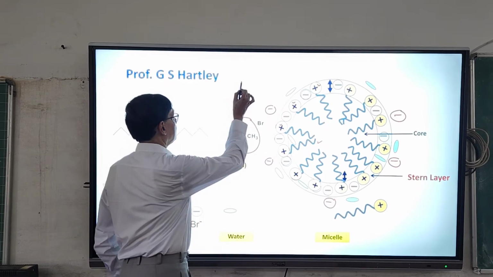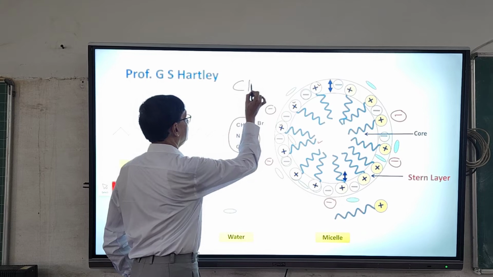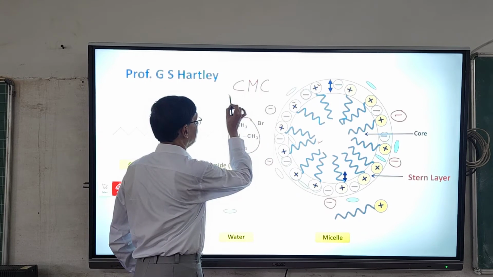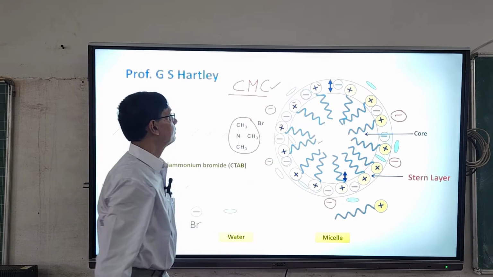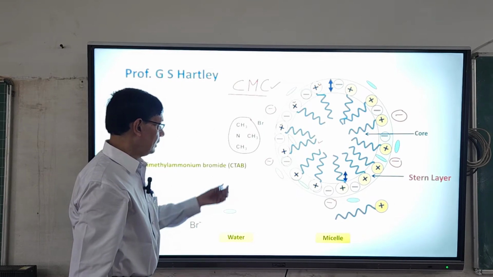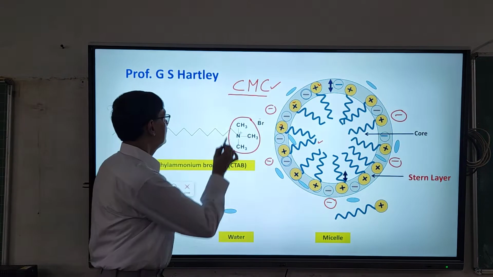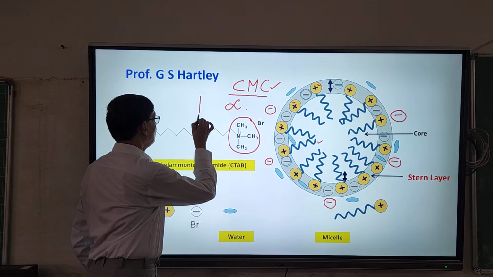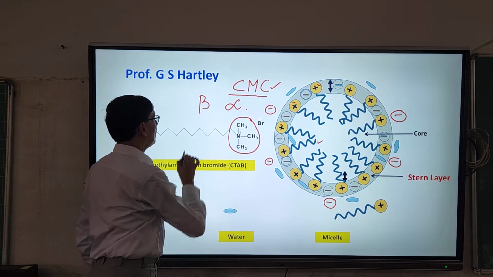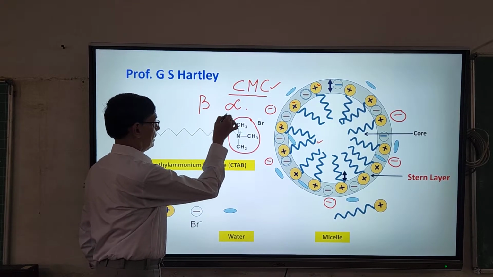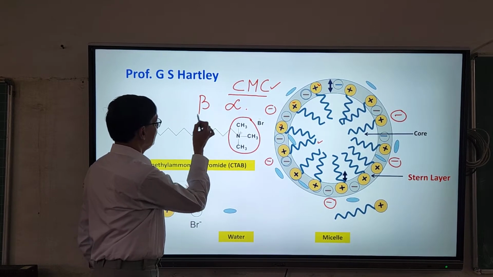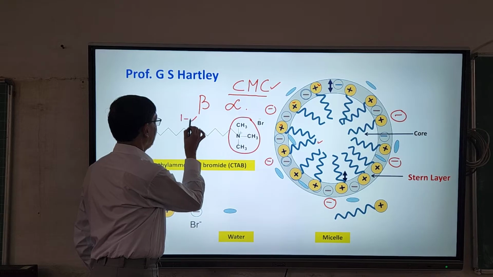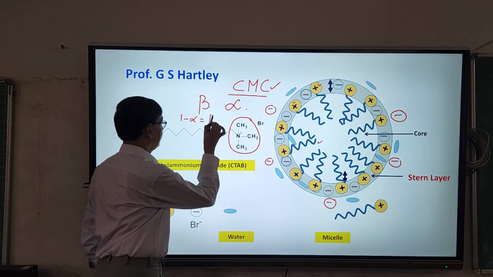So the first point is that I must know the actual concentration. Then the number of counter ions, the degree of dissociation you can calculate. You can calculate counter ion binding also if you calculate one thing: 1 minus alpha can be calculated as beta.